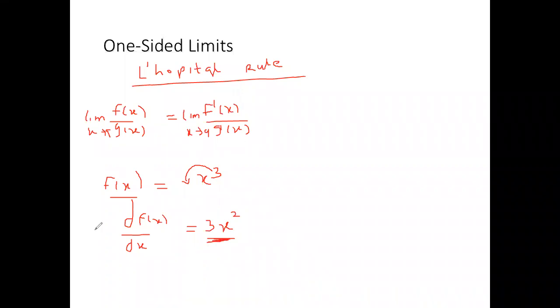So let me keep differentiation on the board. And let's try one example.